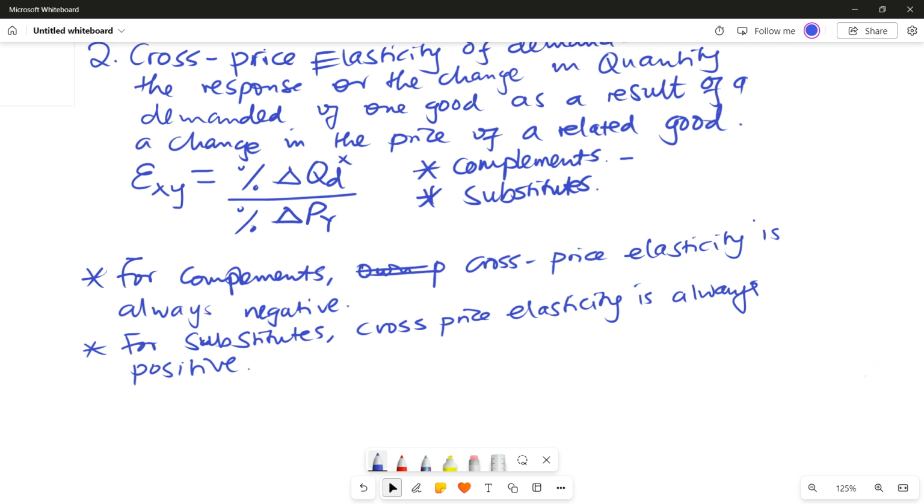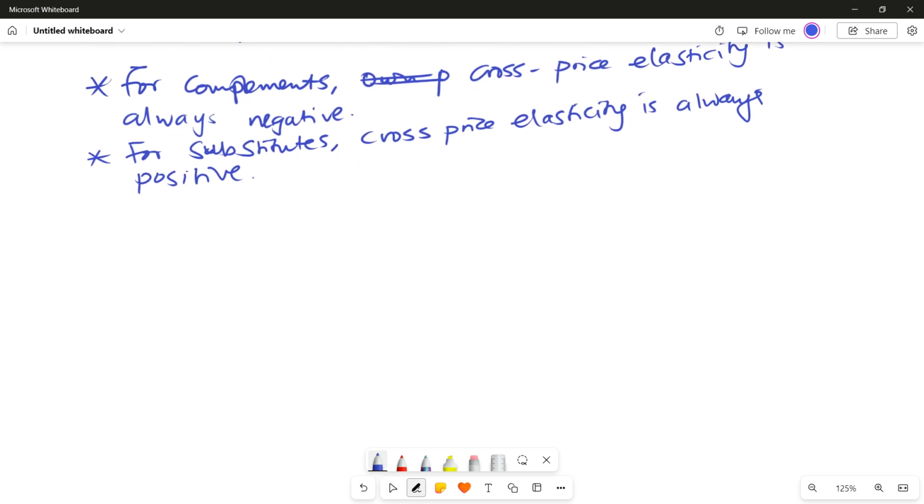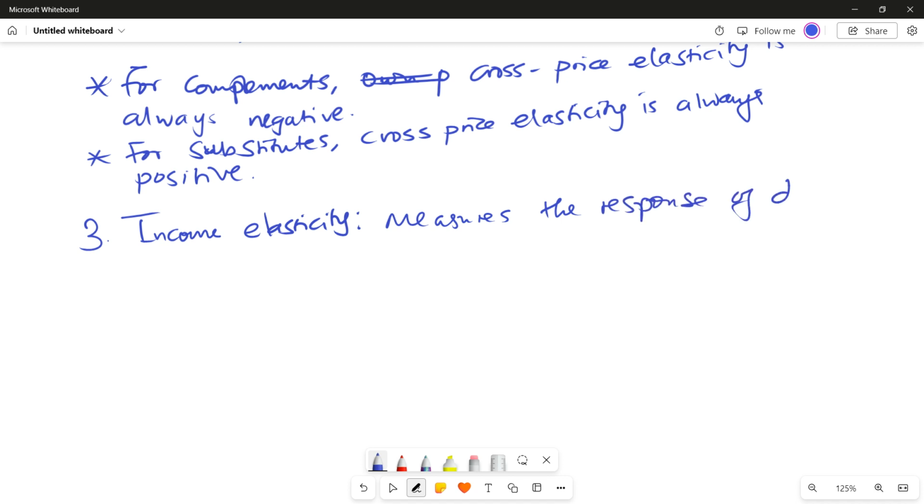All right, and then the third case of elasticity is income elasticity. This one just measures the response of demand to changes in income.